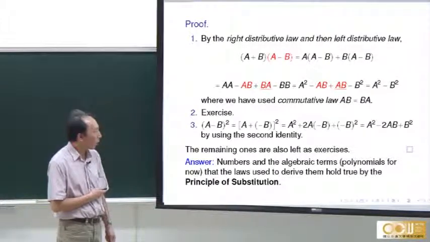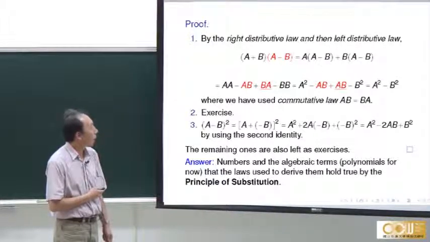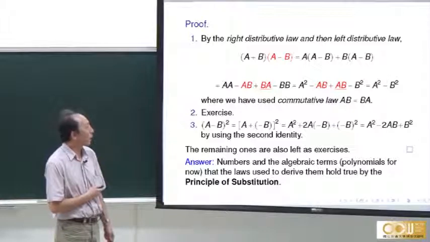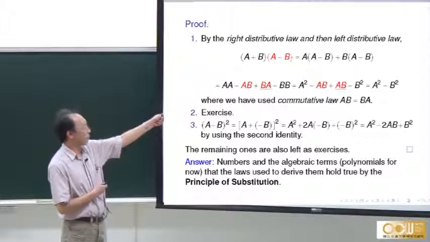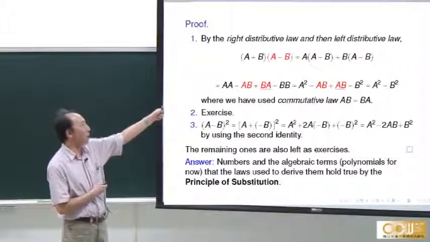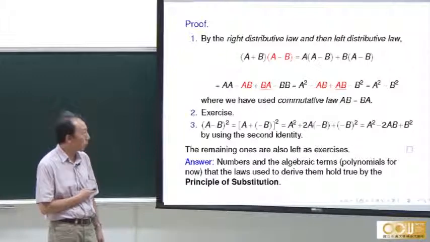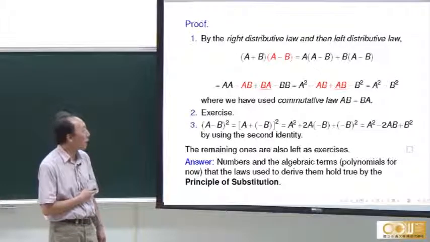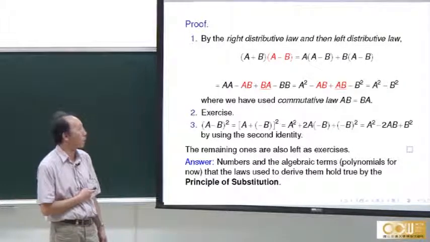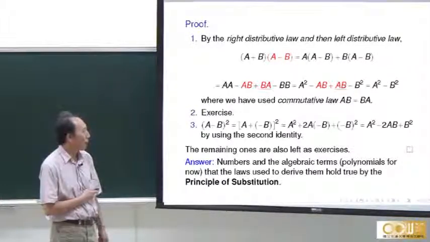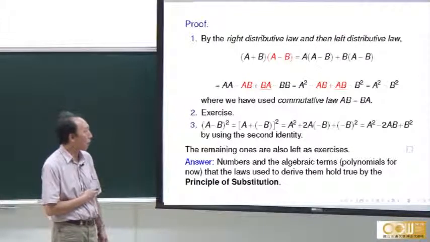And now we are ready to answer the question posed in the previous page, which is what can A and B be. Here, let's carefully examine this one. We are using the distributive property and commutative property. So as long as the quantities A and B satisfy all those laws, they can apply.